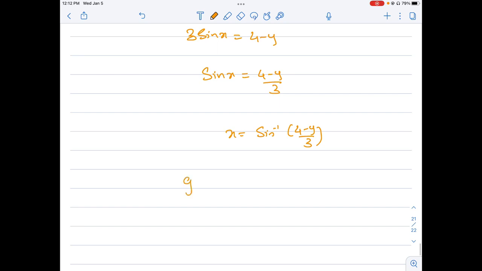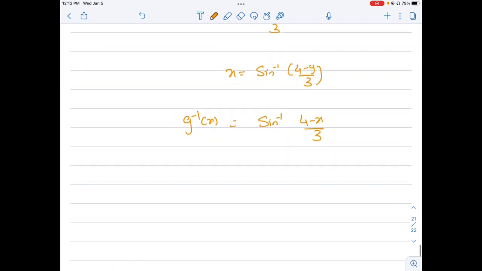So g inverse of x is equal to sine inverse of 4 minus x upon 3. He is asking g inverse of 3. So it becomes sine inverse of 4 minus 3 upon 3, which is sine inverse 1 upon 3, which is 2.80.